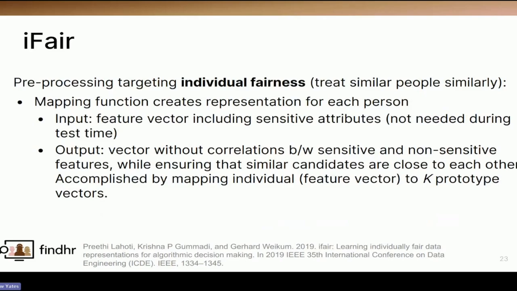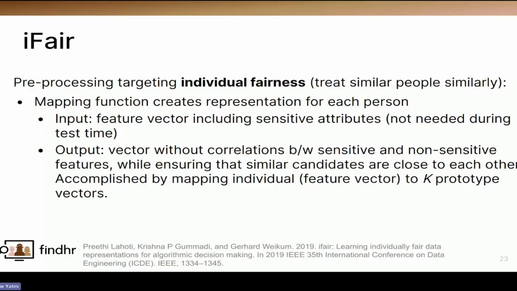And this mapping function creates a representation for each person again as before. As before, the input is a feature vector that may include sensitive attributes. These will not be used during test time, but we need to have some idea of group membership so that we can ensure that this is not encoded in the representations we create.